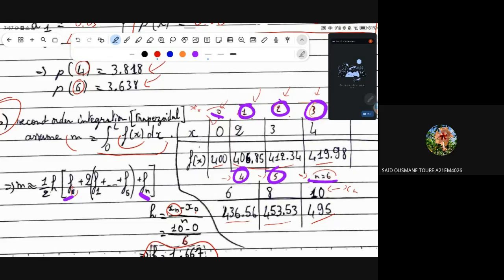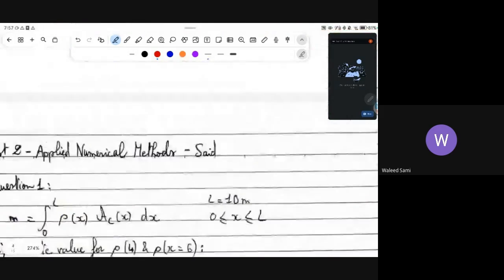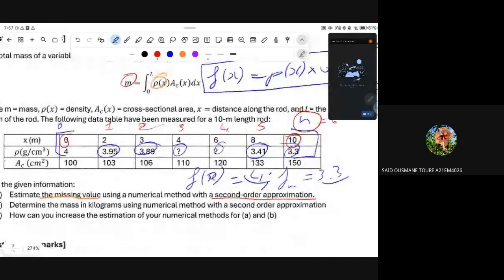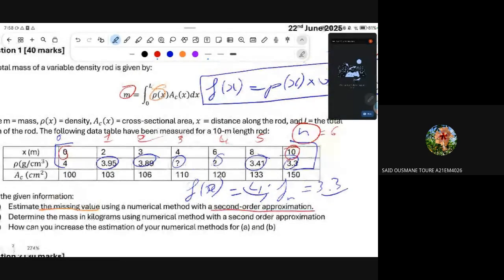You see the count. So for n, how many x values do we have?